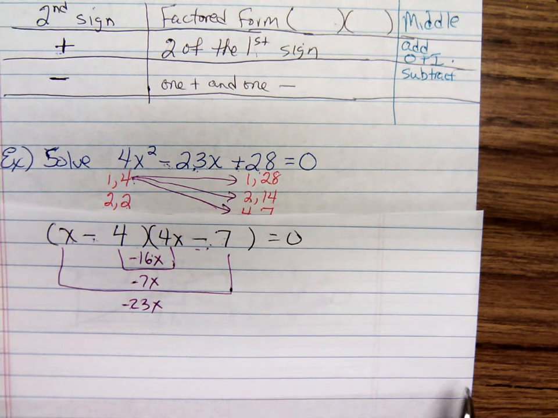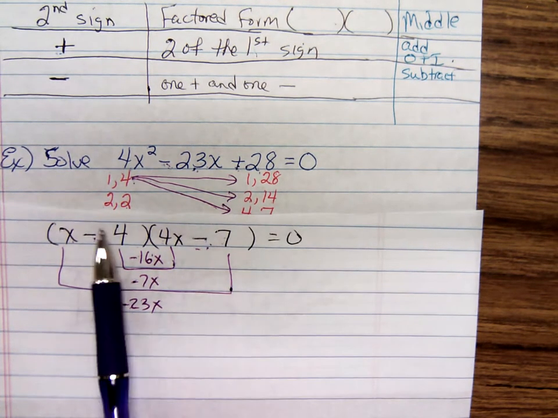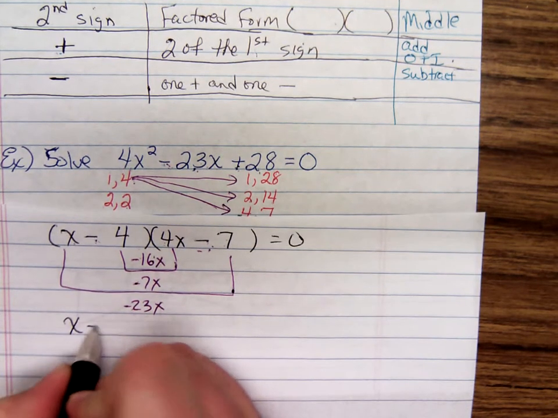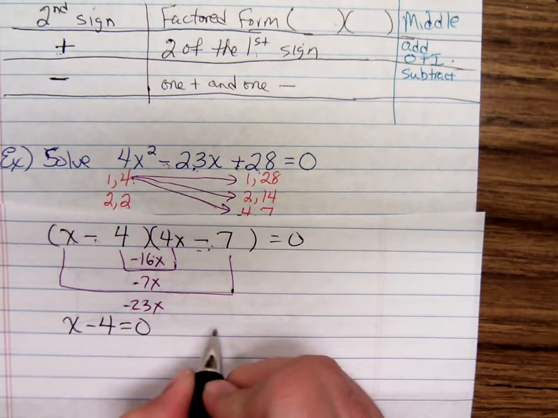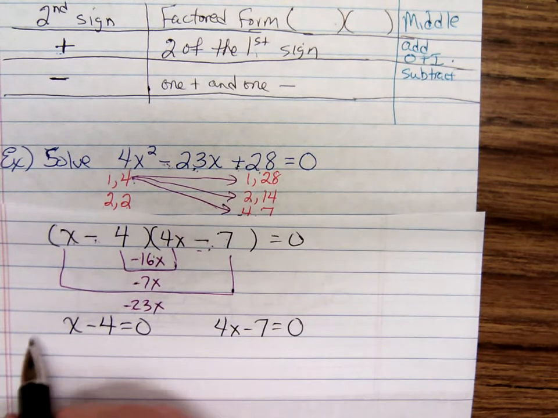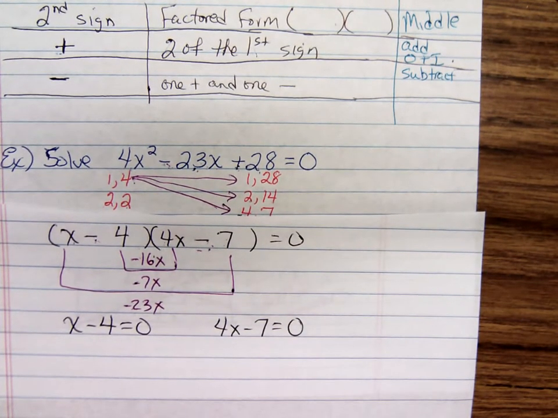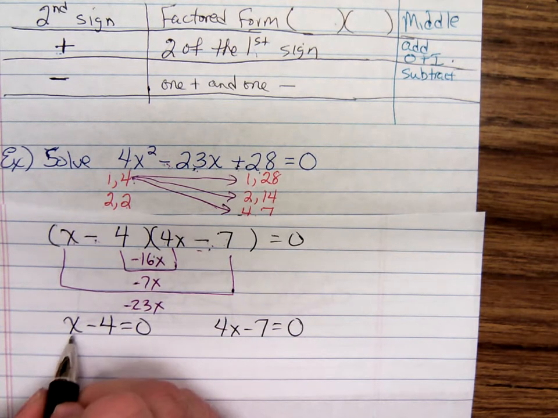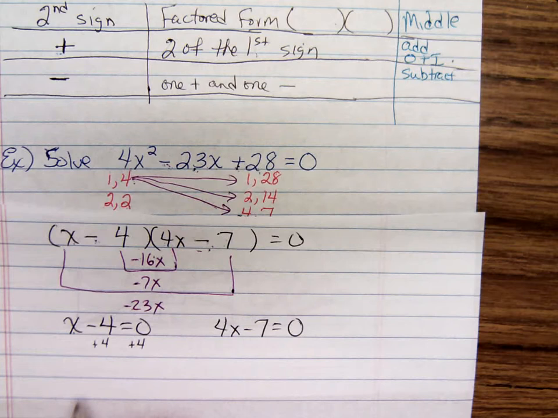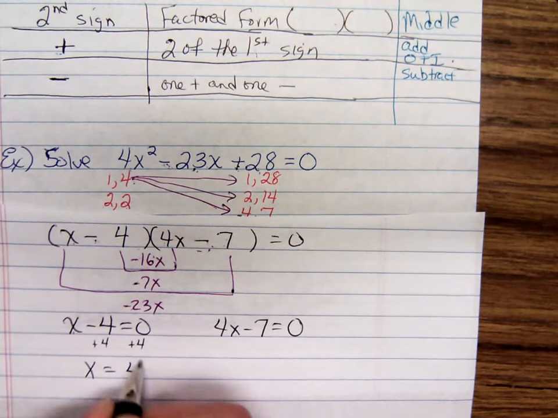So once you are confident that you have this thing factored correctly, you set each factor to 0, and you have 2 linear equations. How do you solve this? Well, to get the x by itself, you perform the opposite operation to both sides, beginning with addition and subtraction.